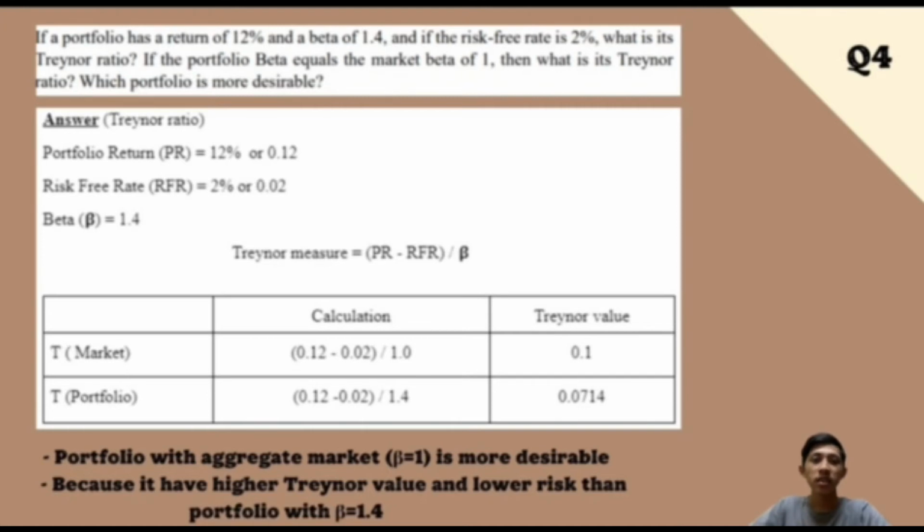The last one is Treynor for the portfolio, equal to 0.12 minus 0.02 divided by 1.4, and we get the answer 0.0714. So we can conclude that the portfolio with aggregate market beta equal to 1 is more desirable because it has the higher Treynor value and lower risk than the portfolio with beta equal to 1.4.